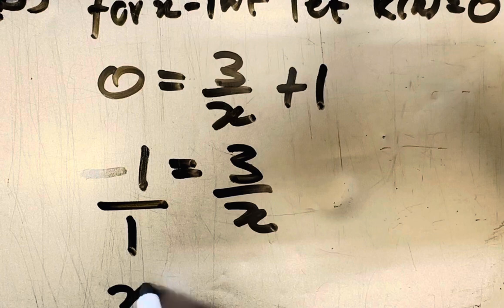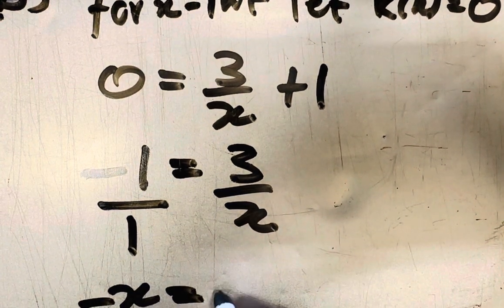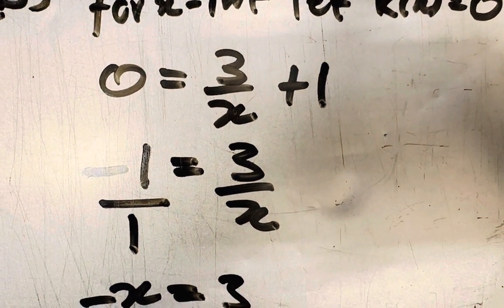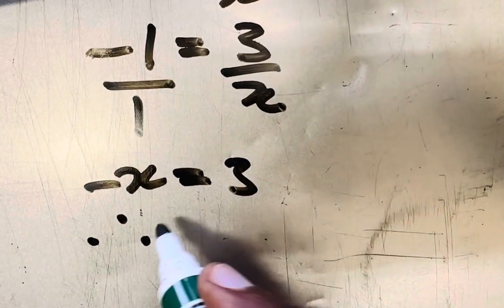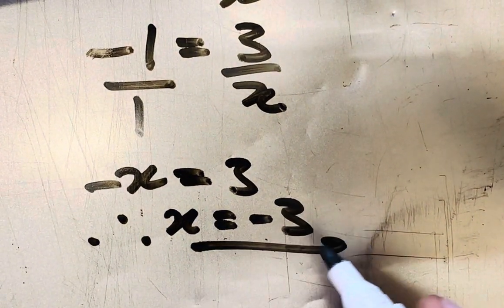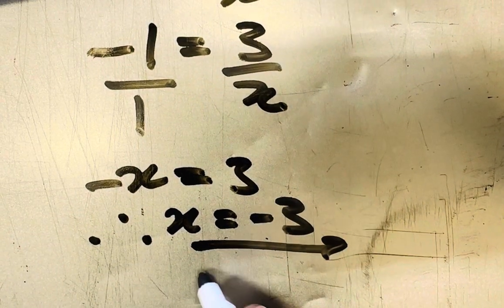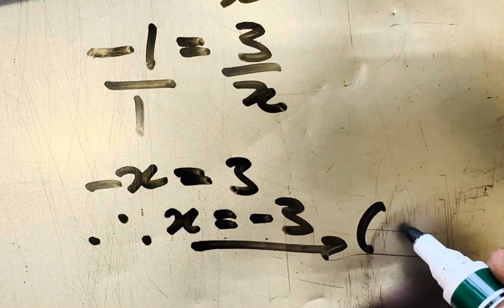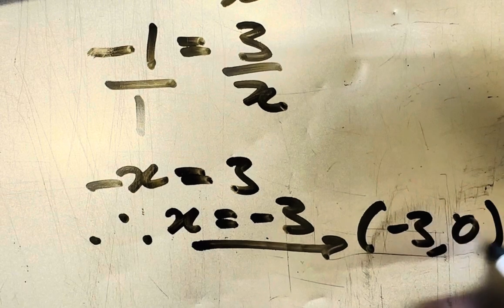We cross multiply, therefore x is equal to negative 3. Which is now the x-intercept: negative 3 and 0.